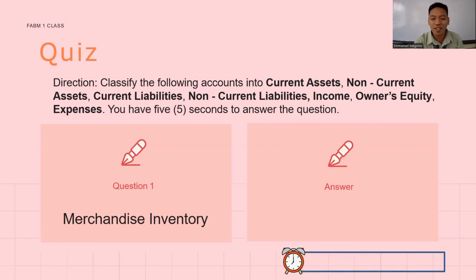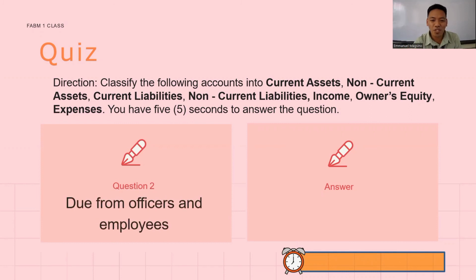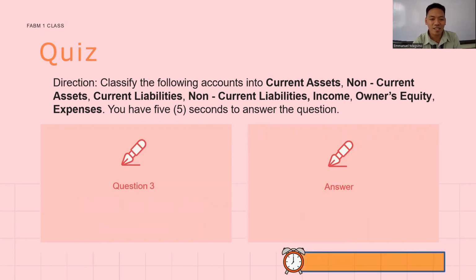Okay, the answer for that is current assets. Next, number 2, due from officers and employees. 5 seconds, go. Okay, time's up. The correct answer for that is current assets. Next, office equipment.